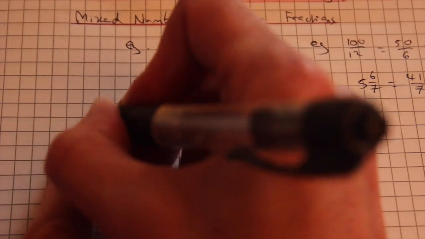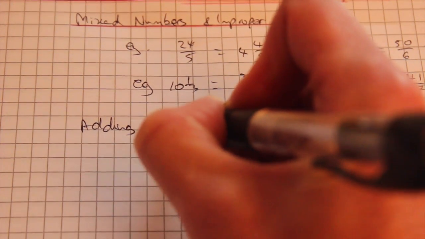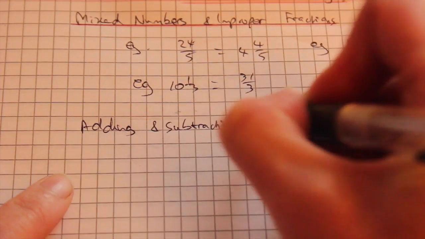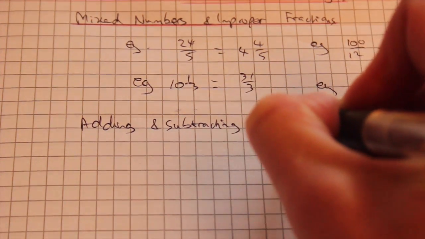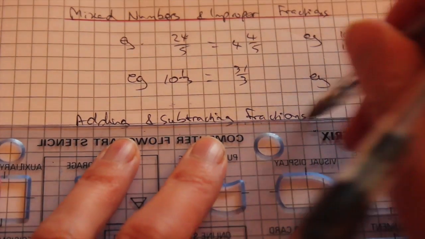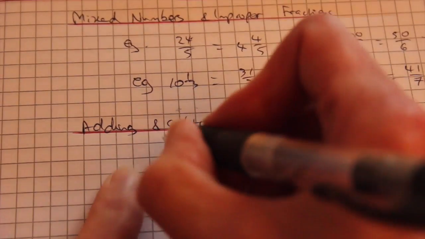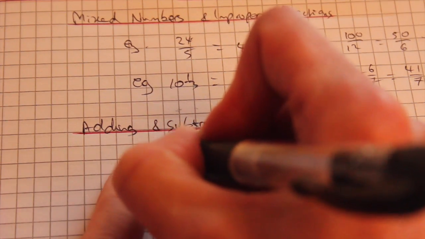The next one I'm going to look at is adding and subtracting fractions. Now, when you're doing this, it's really important that the denominators, that's the bottom lines, are the same. And if you have any mixed numbers, turn them into improper fractions first. So I'll write that down.